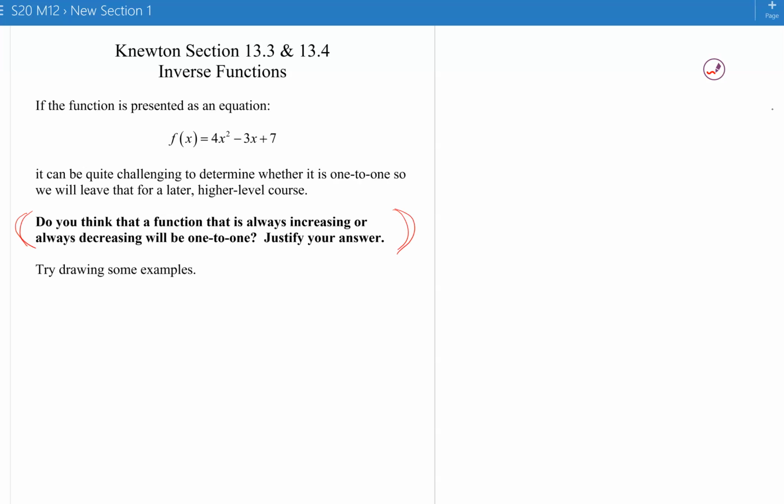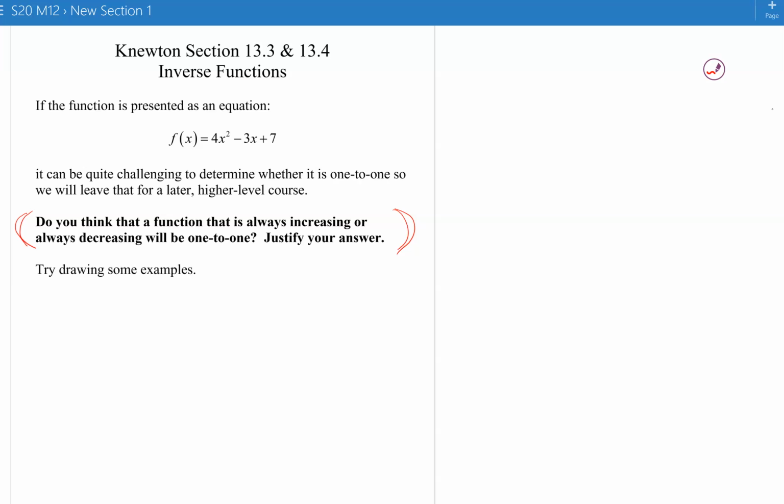Do you think that a function that is always increasing or always decreasing will be one-to-one? And I'm asking you to justify your answer because one of our desired outcomes is that you will get better and better at expressing your mathematical thinking in a clear way for someone else to be able to understand it.